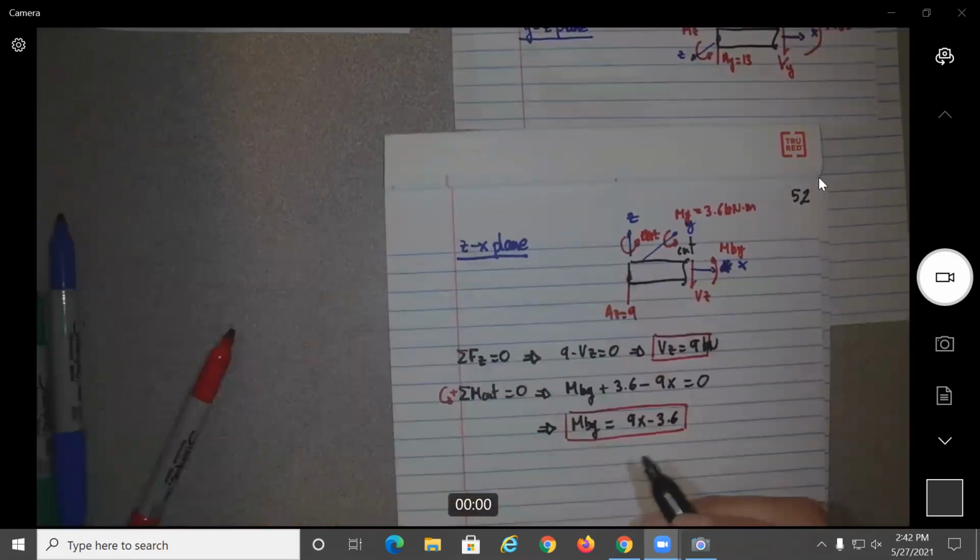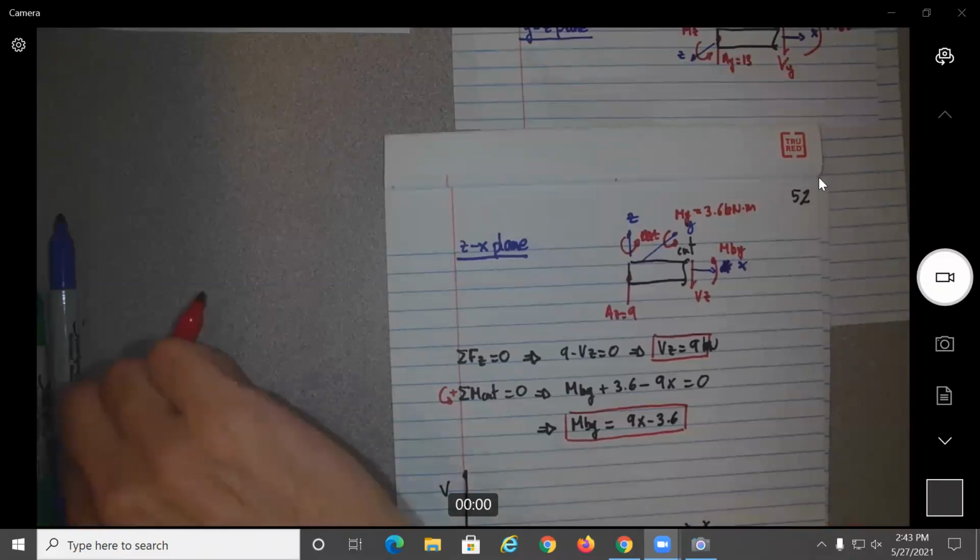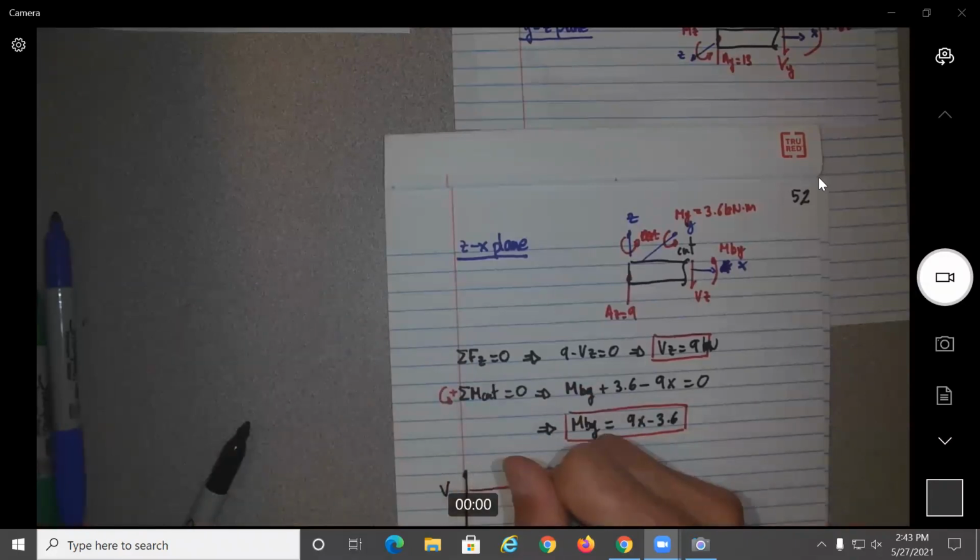So again, if we needed to plot the shear and bending moment diagram, we'll get here 9.